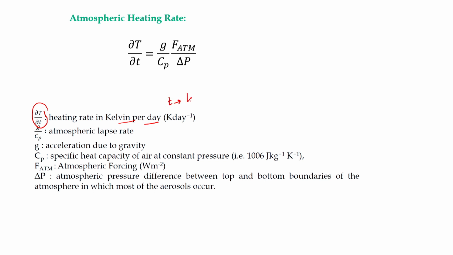So, if you are using Kelvin per day, your time has to be in days, and g upon Cp is the atmospheric lapse rate, it is constant, so it is known. g is the acceleration due to gravity. Cp is the specific heat capacity of air at constant pressure, for example 1006 joule per kg per Kelvin. Delta F is the atmospheric forcing that we have already calculated.